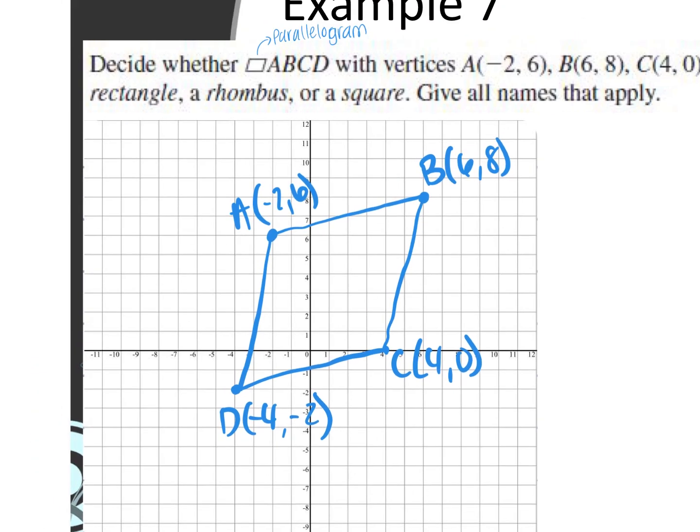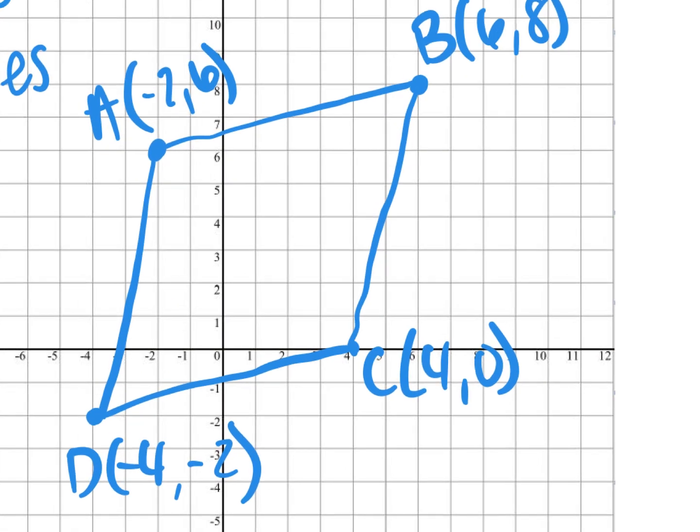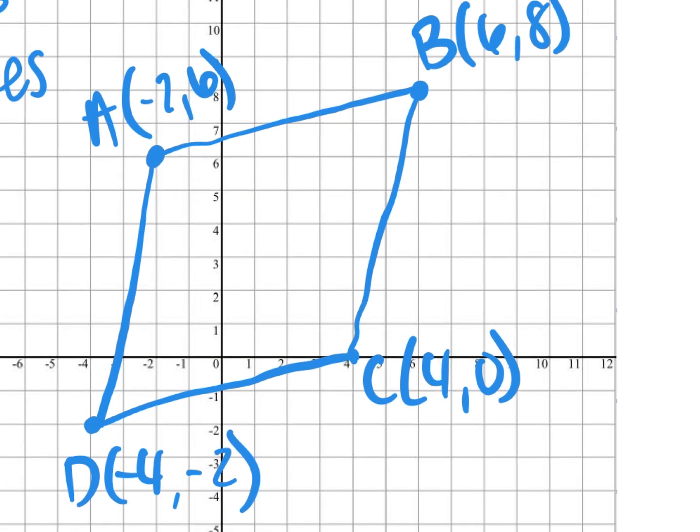Let's start. Is this a rectangle? Why not? No 90-degree angles. And if you wanted to be very specific, guys, how could you find out if these two lines are perpendicular to each other? Use their slope, right?